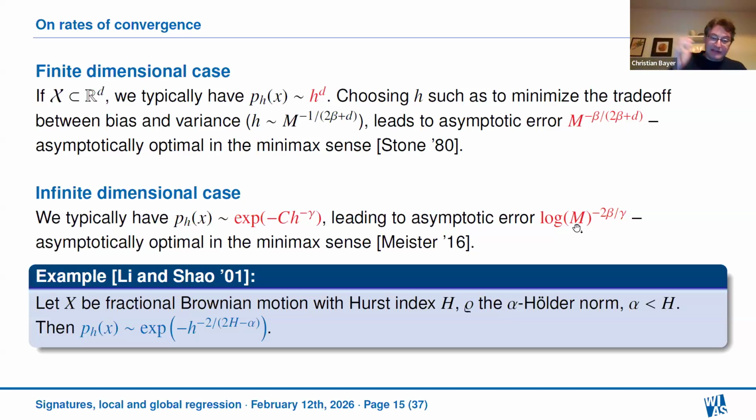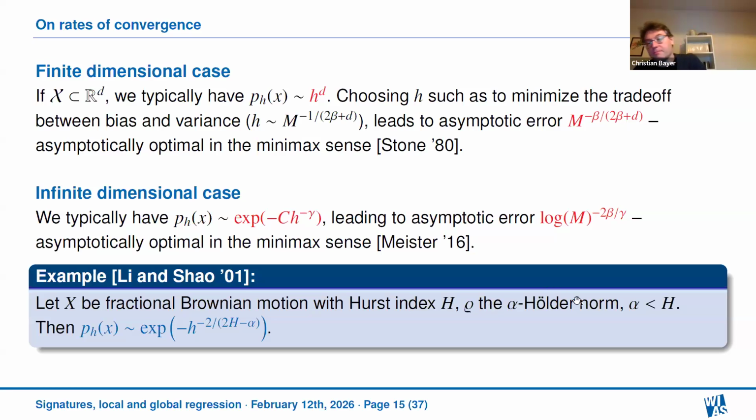Just as an example, there is a paper of Li and Zhao from 2001 who compute this for the fractional Brownian motion. Here the path space is taken to be the alpha Hölder functions.